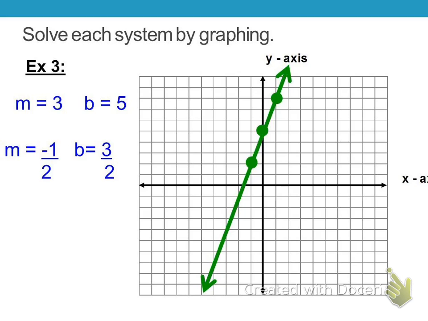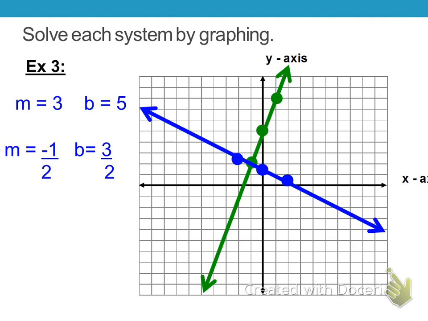Where would 3/2 be? Yeah, that's 1.5. So go right up here. And then when you do your moves for your slope, you'll just go down to the next half. Okay? Everybody see that? So then I go down to the half and then right 2, down to the half again, right 2.